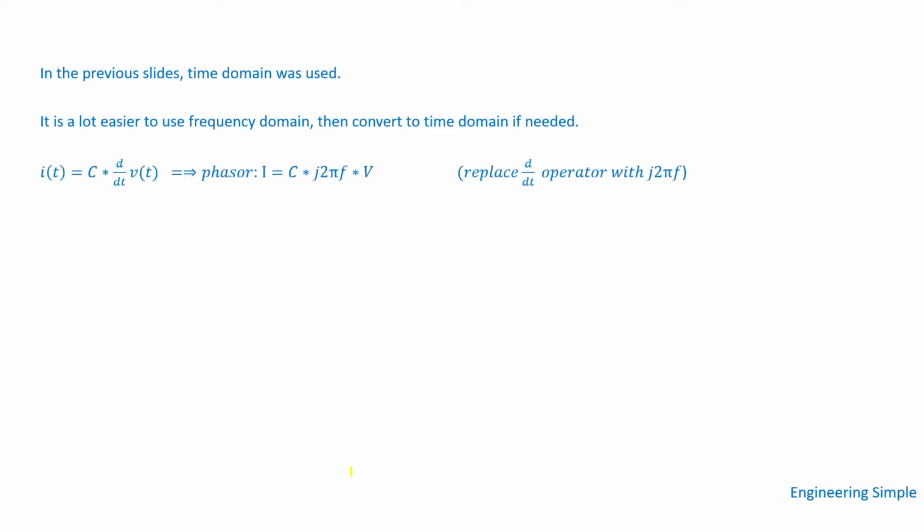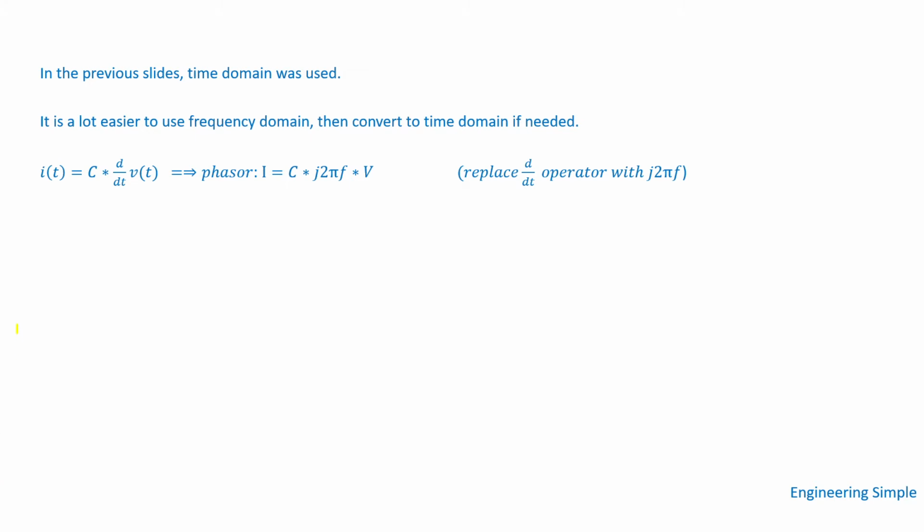In the previous slides, the time domain was used, so we had to do derivatives and integration. Typically, engineers do not like to deal with derivatives and integration. It's a lot easier to do all the calculations in the frequency domain, then convert back to time domain if needed. One way to do this is using phasors.